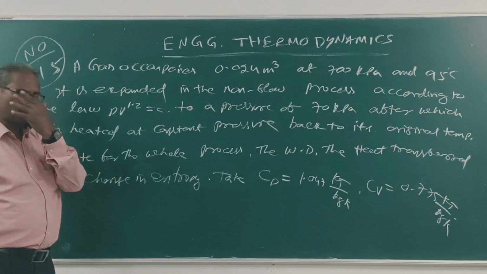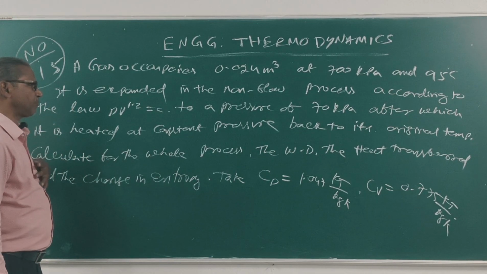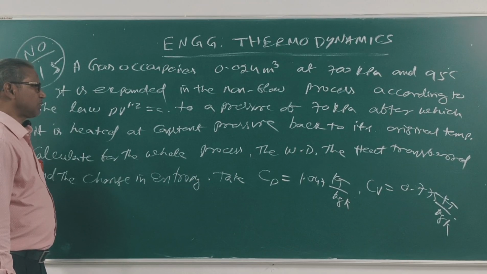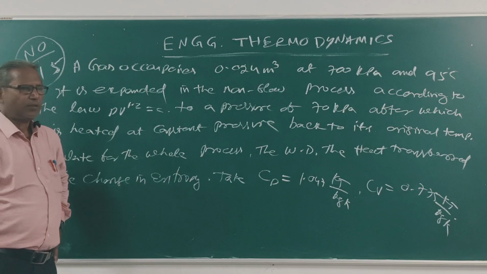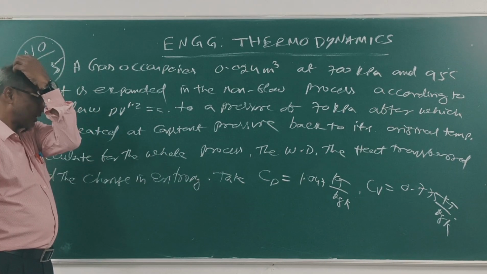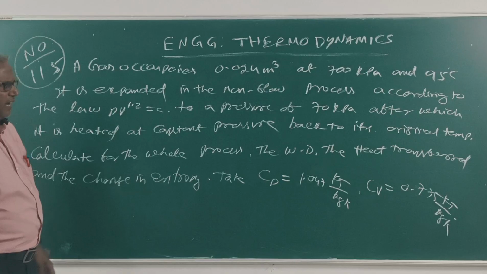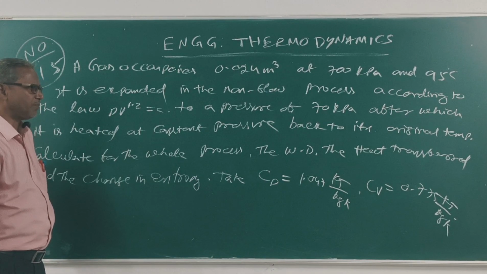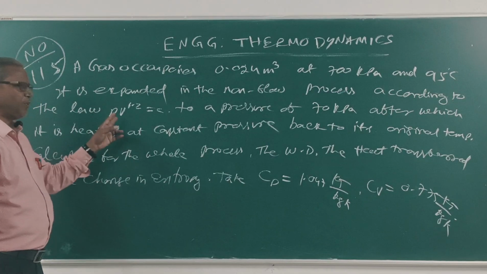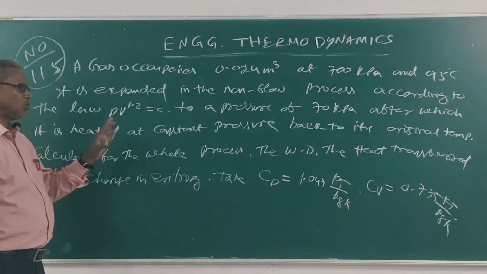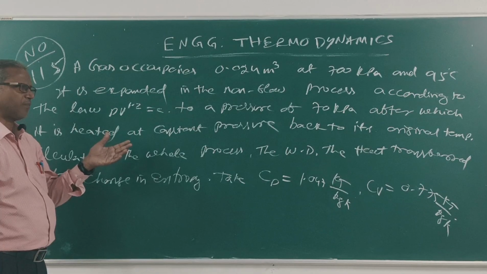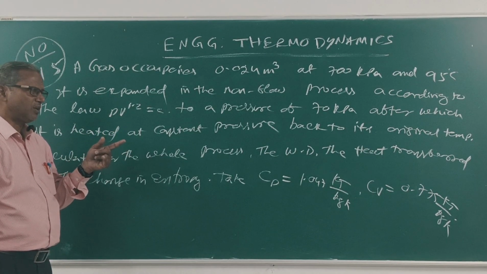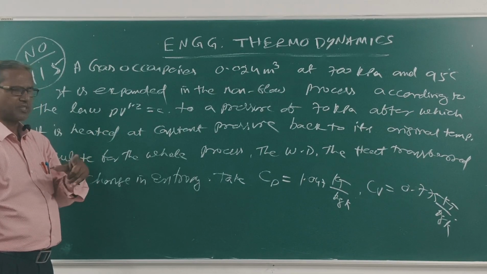Now, this is question number 115. The question, a very important question. The question is: a gas occupies 0.024 meter cube at 700 kilopascal and 95 degree centigrade. It is expanded in a non-flow process according to the law PV^1.2 equals constant to a pressure of 70 kilopascal, after which it is heated at constant pressure back to its original temperature.